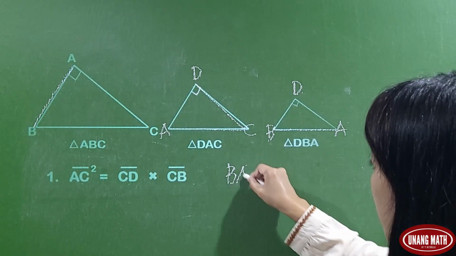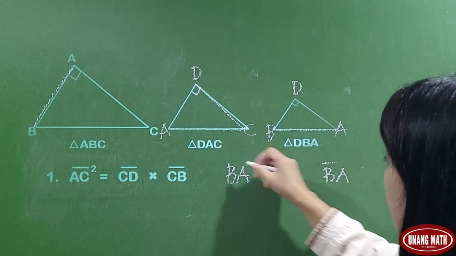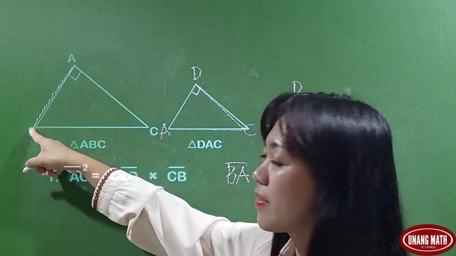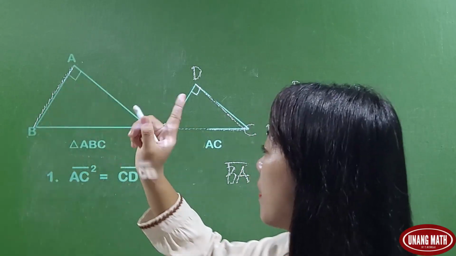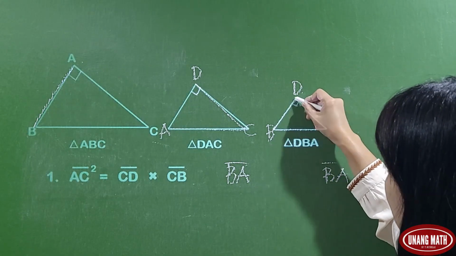So BA, and here is also segment BA. For segment BA on this right triangle, the corresponding side in this right triangle is BD.